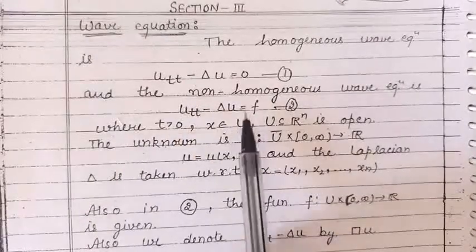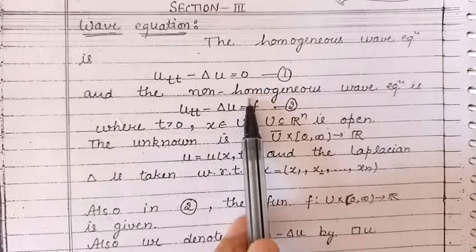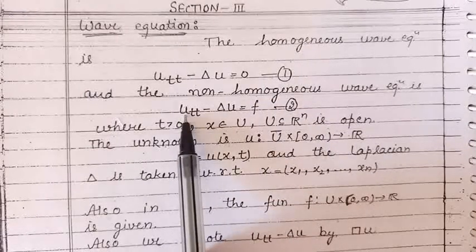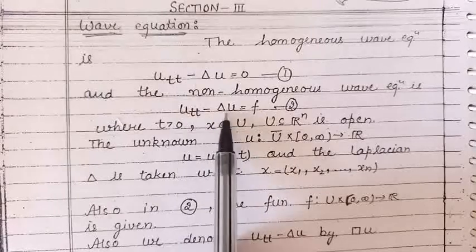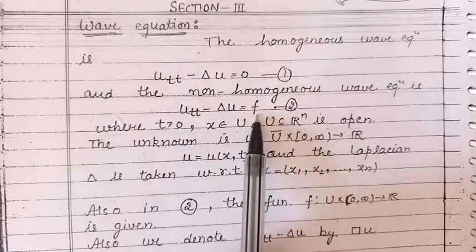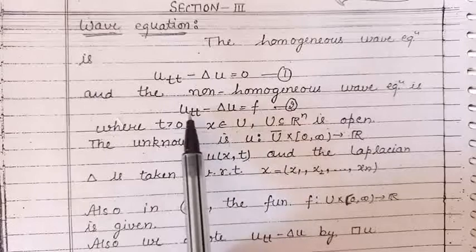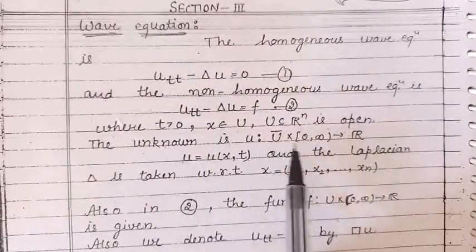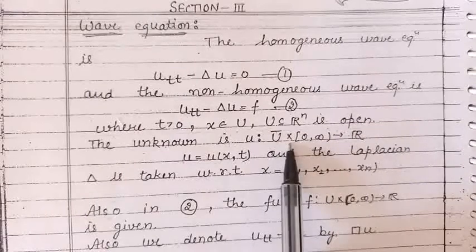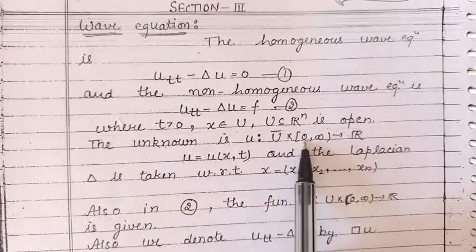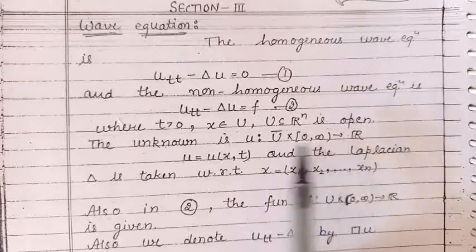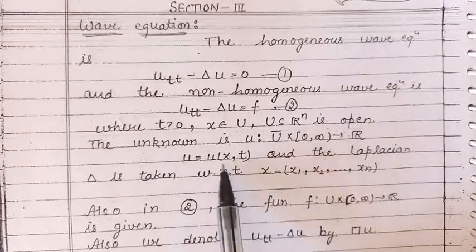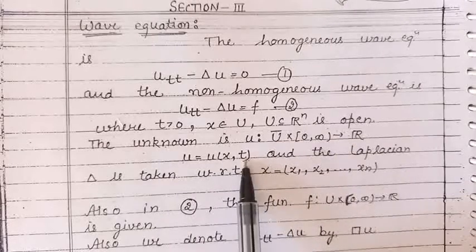The non-homogeneous wave equation is the equation given by ∂²u/∂t² minus the Laplacian of u is equal to f. Here, u is an unknown function which is defined from U closure cross the semi-open interval 0 to infinity to R. u is a real valued function which is unknown, and this is a function of x and t.